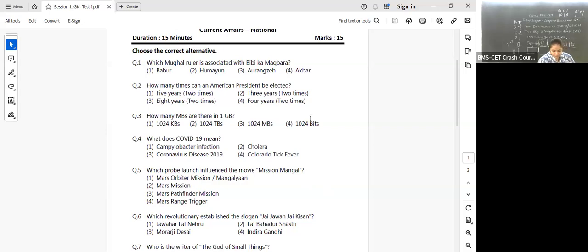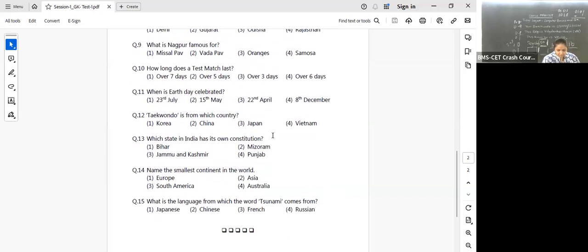Miss, can you show the question number 14 and 15? How many of you have finished? We'll wait for the others to finish, and then we'll discuss.